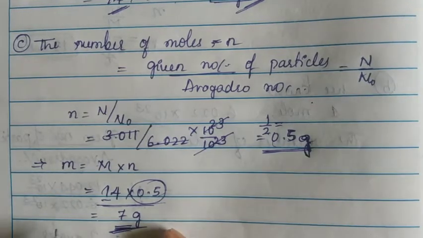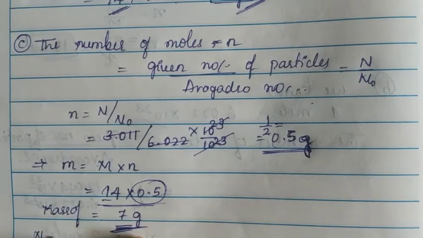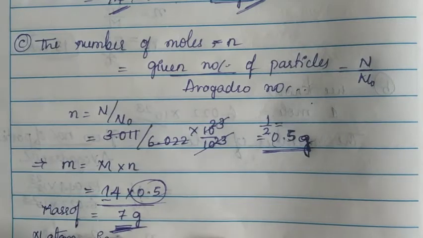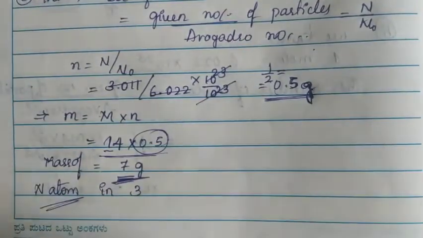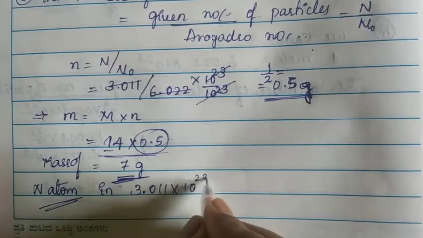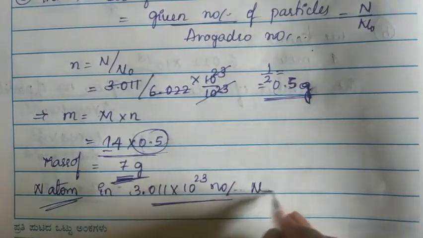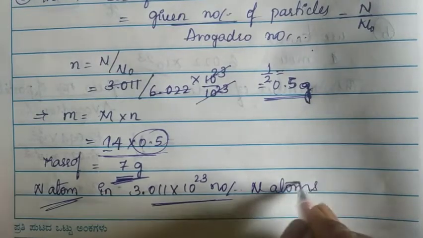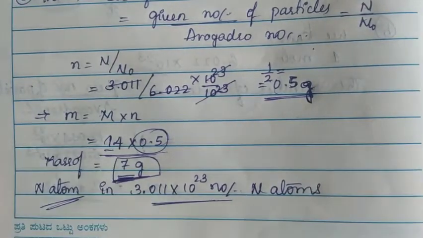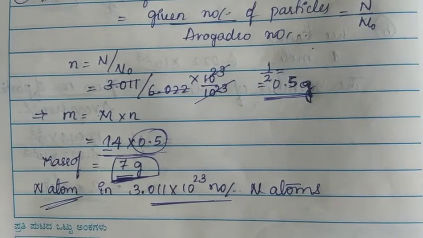Totally here, the mass of nitrogen atoms in 3.011 into 10 to the power of 23 number of N atoms contains 7 grams of mass.